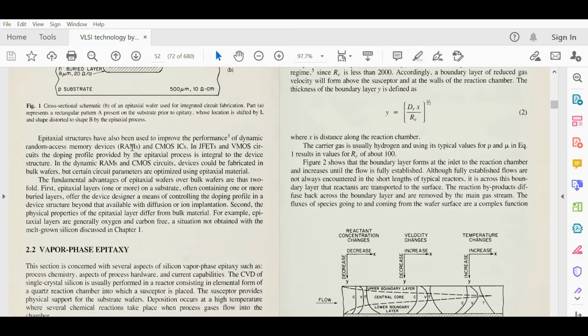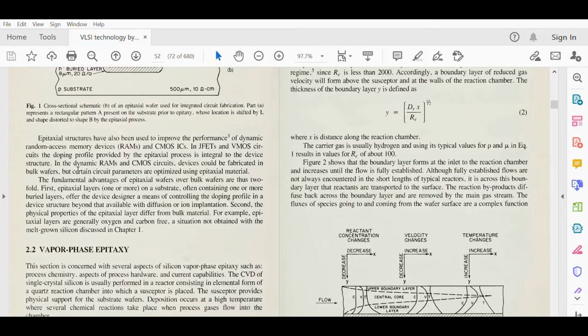The advantages of epitaxial wafers over bulk wafers are thus twofold. Why is it twofold? Because in dynamic RAM and CMOS circuits, devices could be fabricated in bulk wafers, but certain circuit parameters are optimized using the epitaxial material.